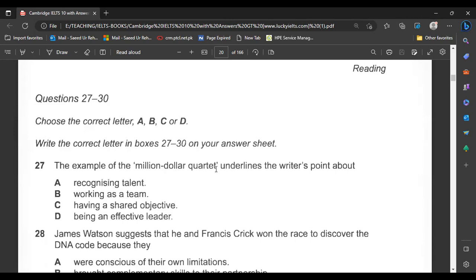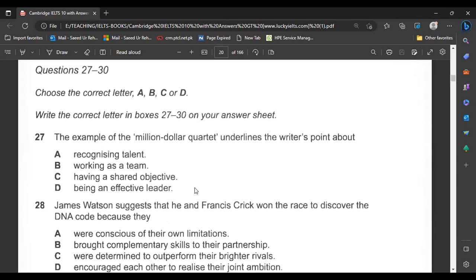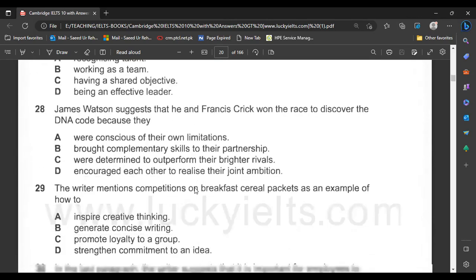Writer's point about, and then there are 4 options, and you will have to underline the keywords, move towards the passage, scan the passage and find out the answer, and then decide what's the answer, A, B, C.